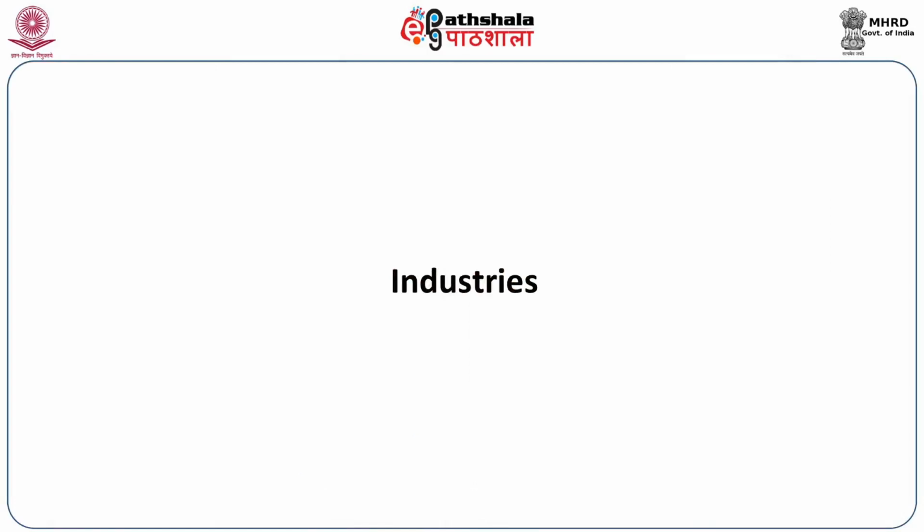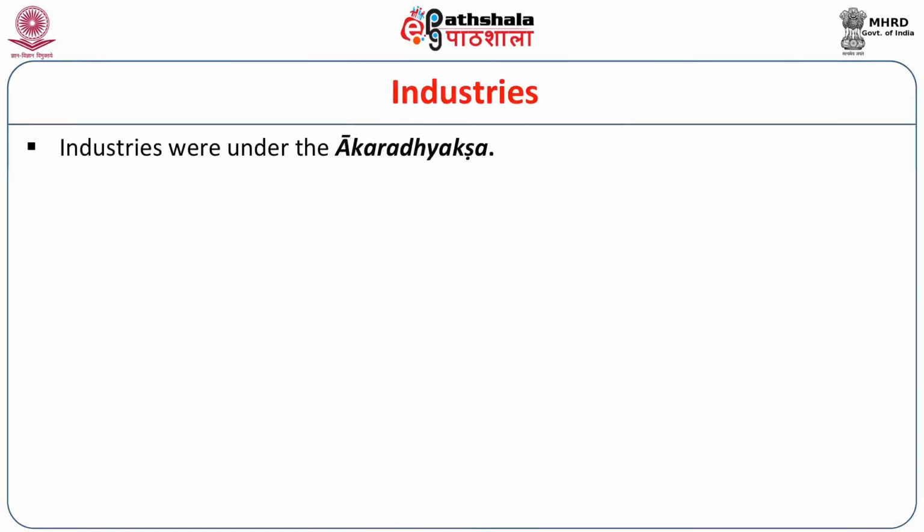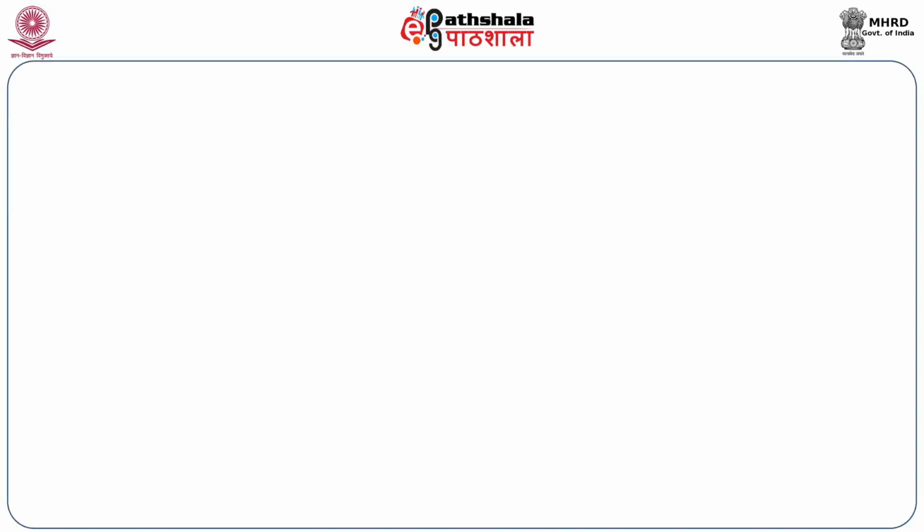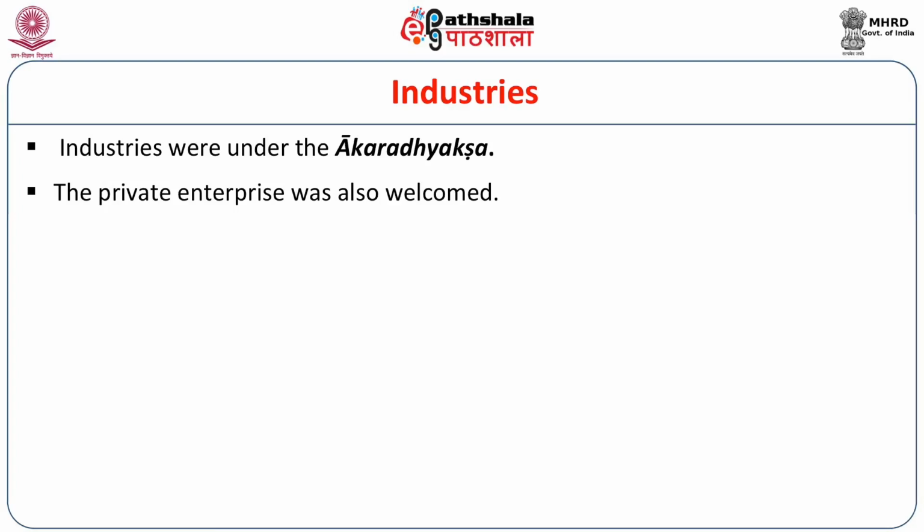Next, what we get? We get industries. Industries were under the Akarodhaksha. In case of agriculture, we have seen Shitadhaksha. In case of industrial production, that is also a kind of production, non-agricultural production, here we find the top officer called Akarodhaksha. The private enterprise was also welcomed besides the state control.